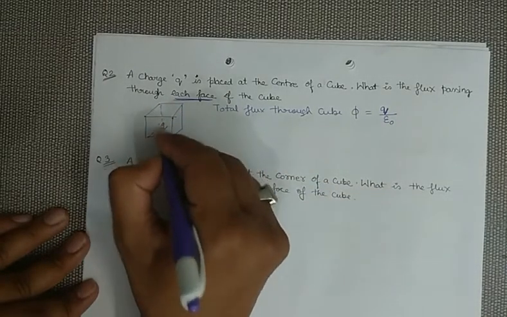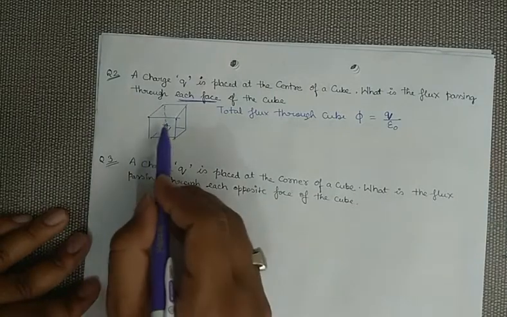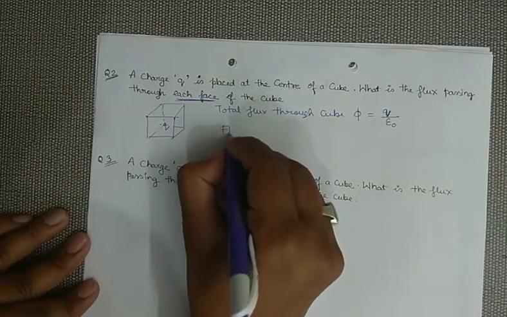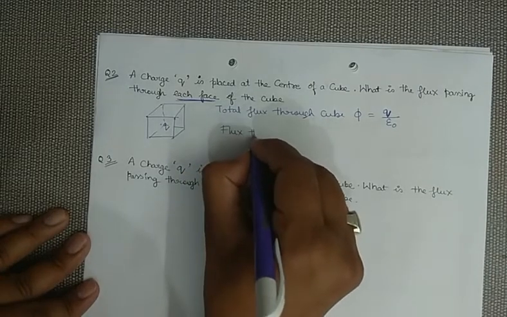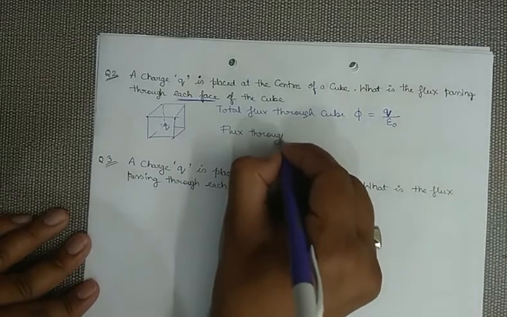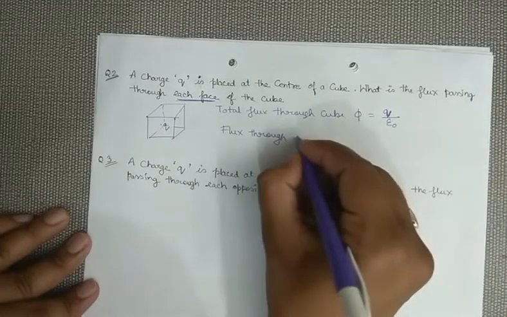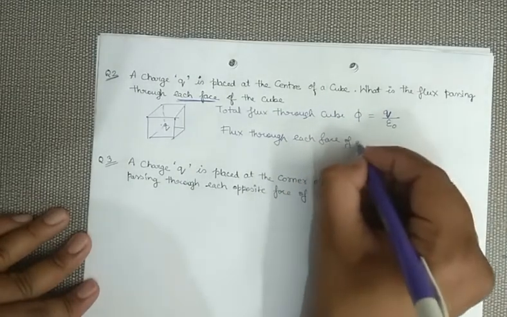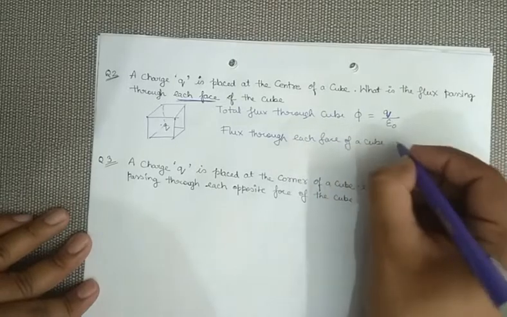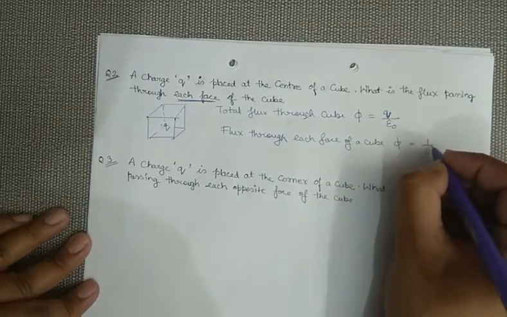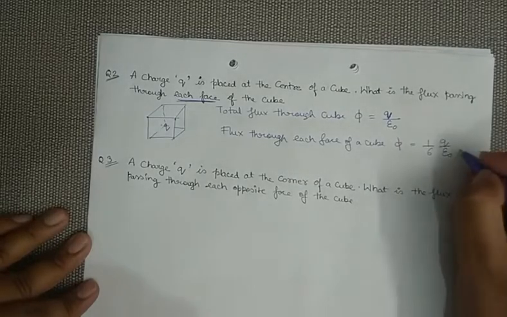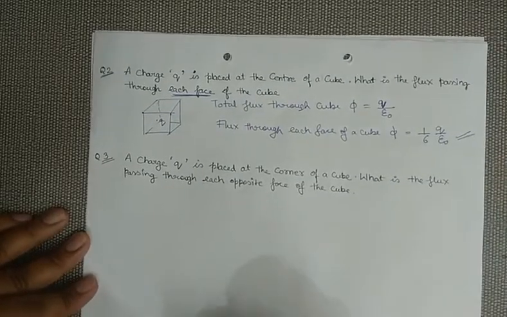If you remember, there are 6 equal faces. Out of these 6 I have to take any one. So the flux through each face of a cube, you just take 1/6 of it, so it will become 1/6 of Q by epsilon naught. So this is the flux through each face of the cube.